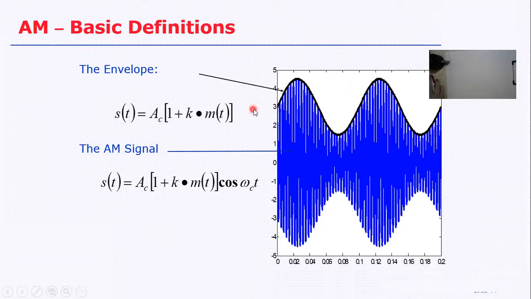We have our signal in this way, as you can see, Ac(1 + k m(t)), and this is our raw signal, and this is our carrier. Here we have an undermodulated signal because simply the minimum of the signal is still greater than 0.